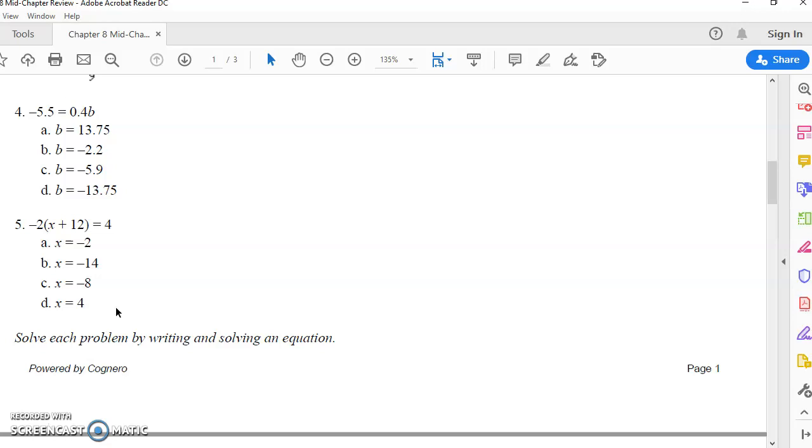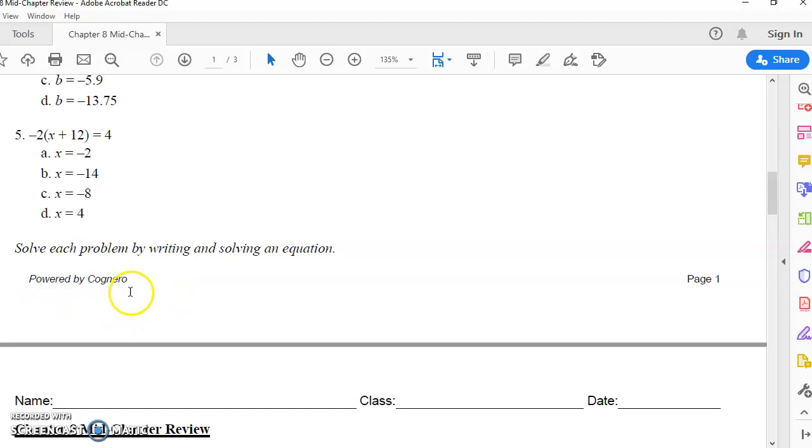So now you have a multiplication equation, and you're going to divide both sides by the coefficient of x, which is -2. When you do that, you get x equals -14. So your answer choice for number 5 is going to be B as in boy.